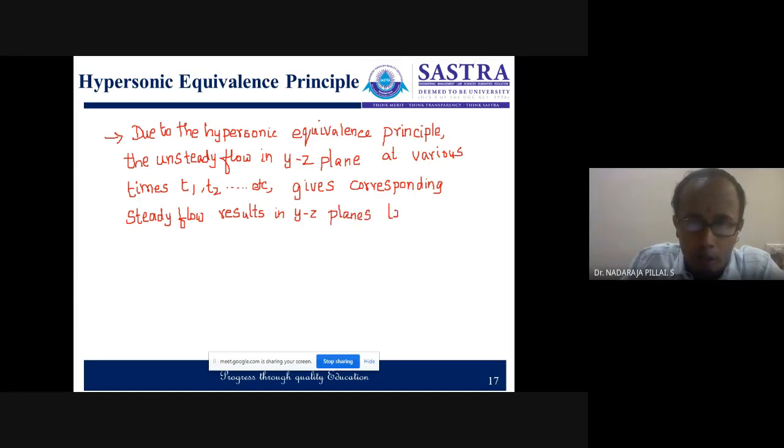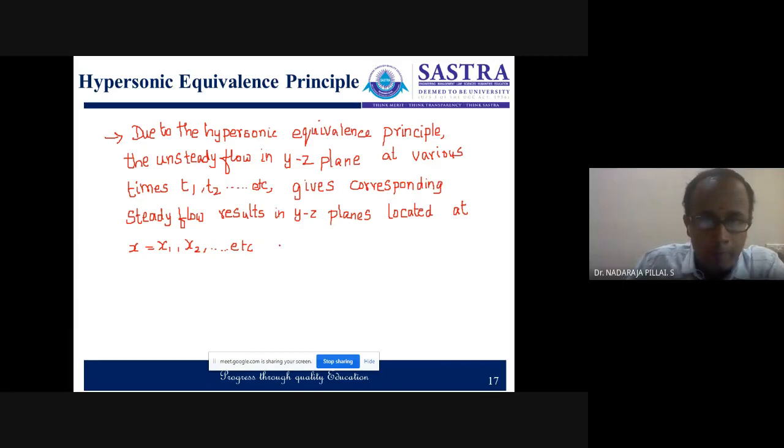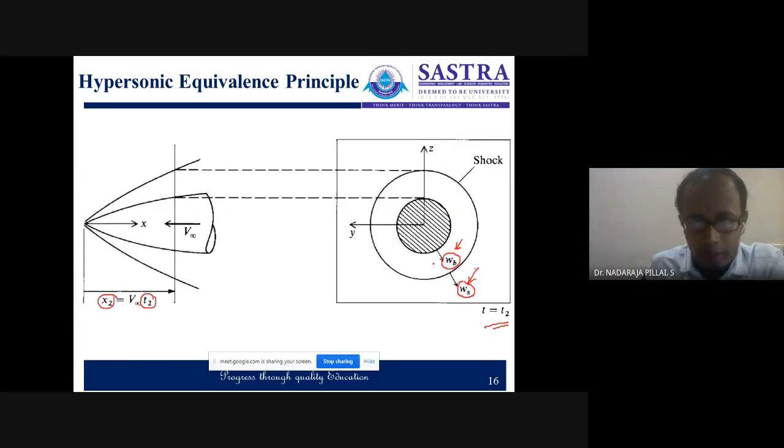which is located at x equal to x1, x2, and so on, right? So you can see the diagram on the right, it shows the YZ plane, which is unsteady, right?